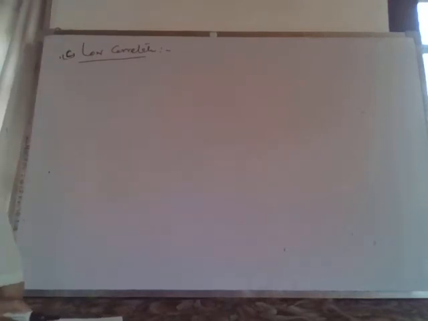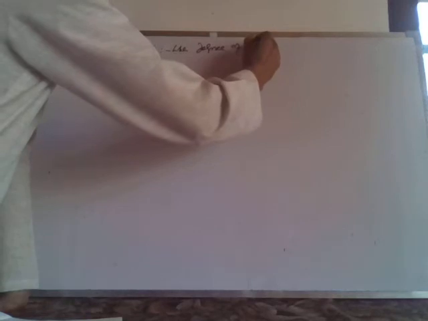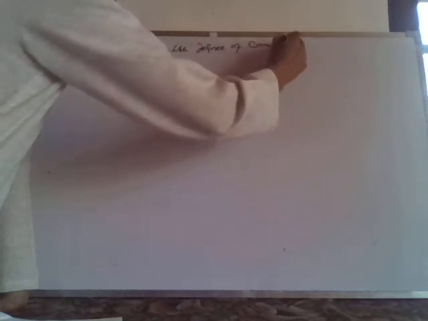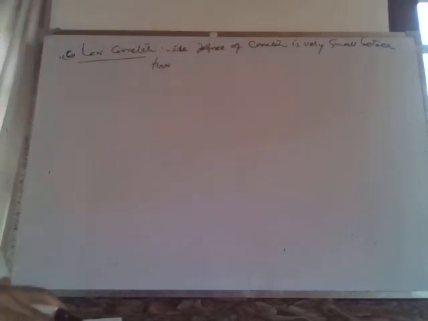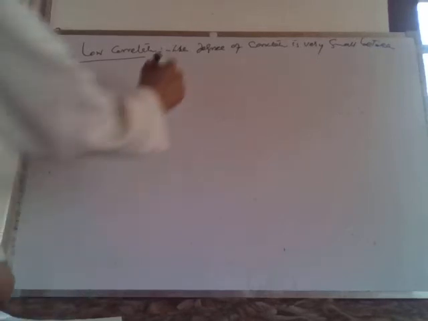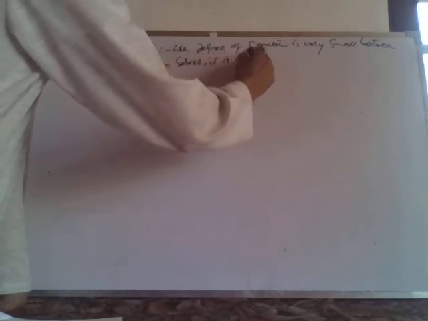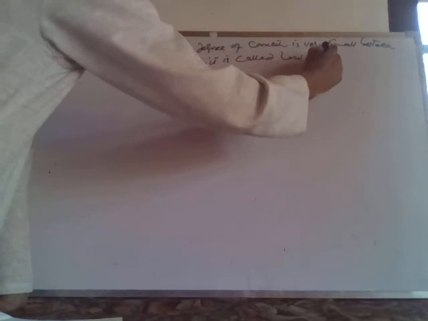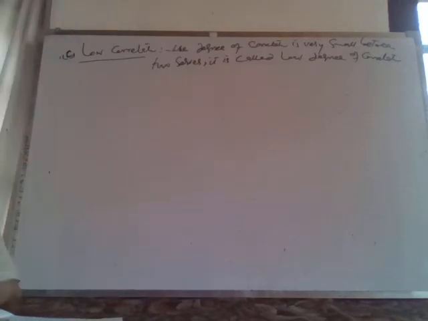When degree of correlation between two series is very small, it is called a low degree of correlation. इसको कहते हैं it is called a low degree of correlation.